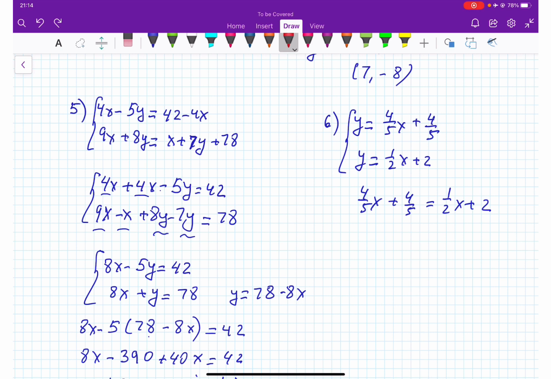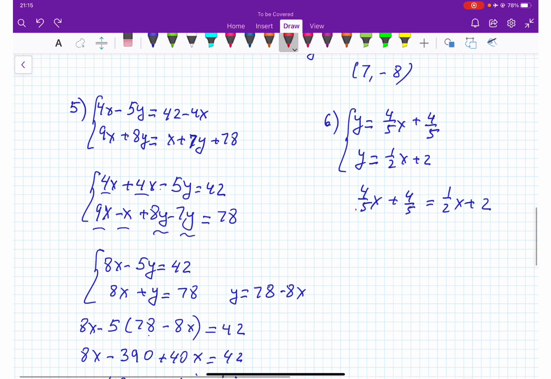So from here, I need to bring to a common denominator. What do I have in the denominator? 5 and 2. So the common denominator is going to be 10, right? Which means 5 I have to multiply by 2, here obviously also multiply by 2. Here 2 multiply by 5. And here is 1, so multiply by 10.